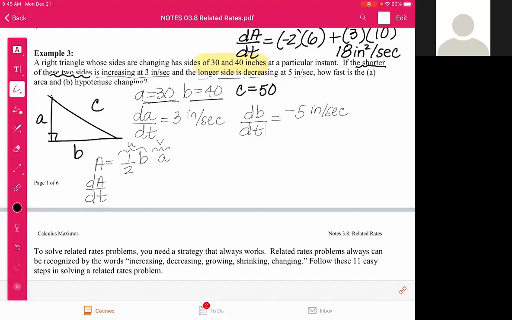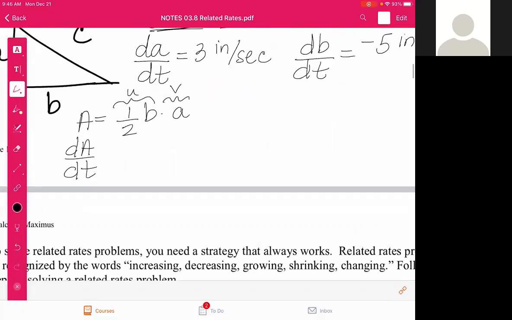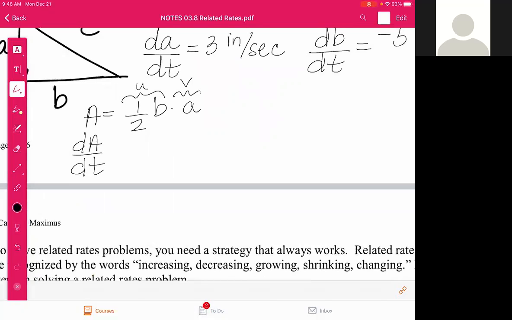Some of you may just want to pull the 1/2 out and deal with it later. I'm just going to put it in there now so that it's done. We're going to do product rule now: u prime v plus v prime u.